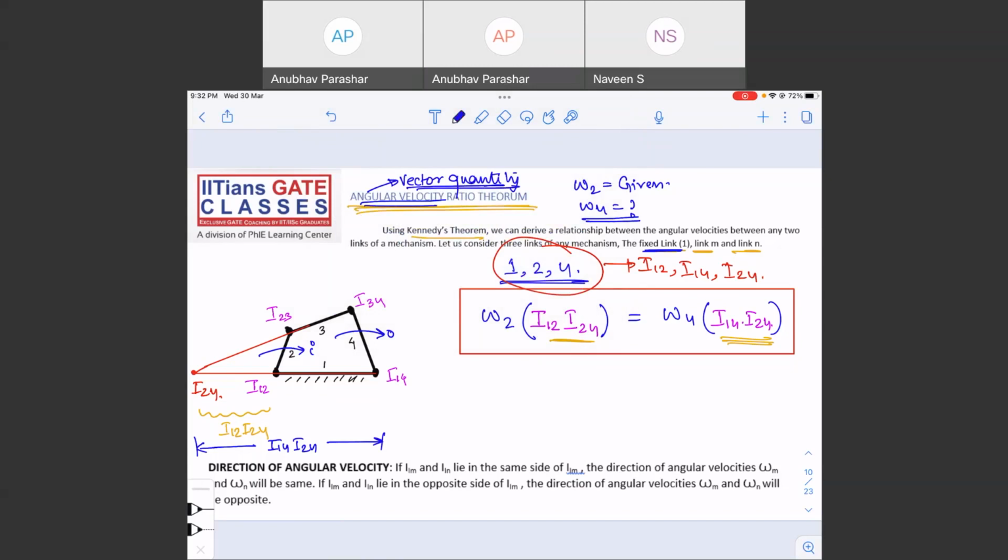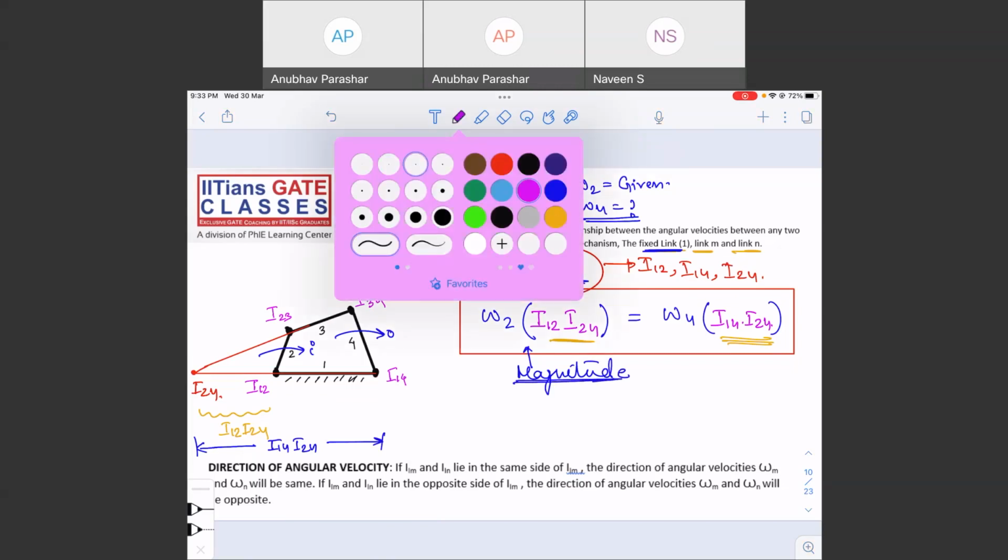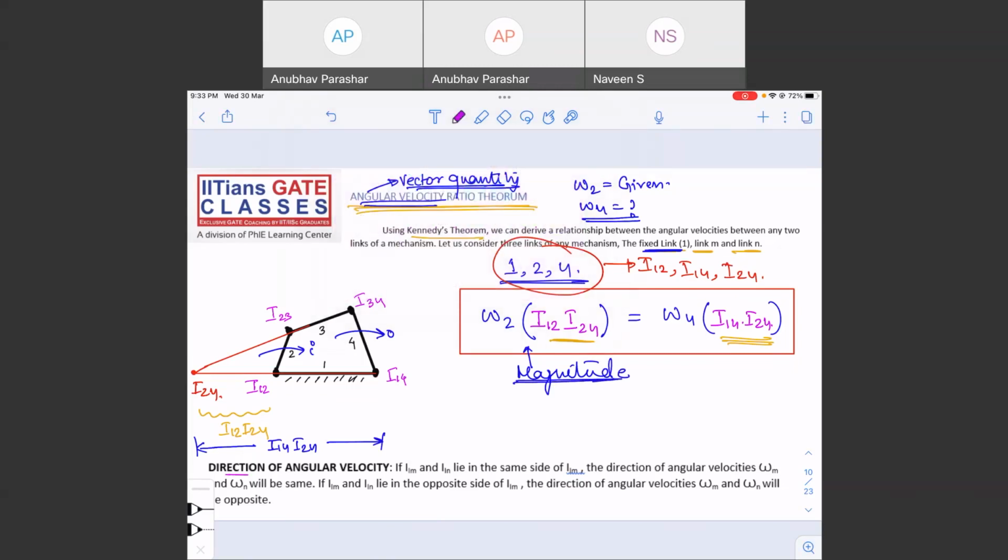Vector quantity means magnitude as well as direction. So this theorem is going to give you the magnitude. So how to find out the direction? You have to use a simple concept.